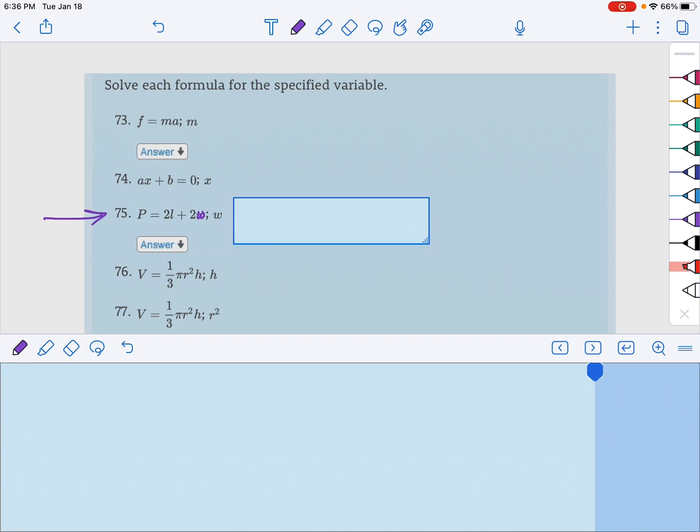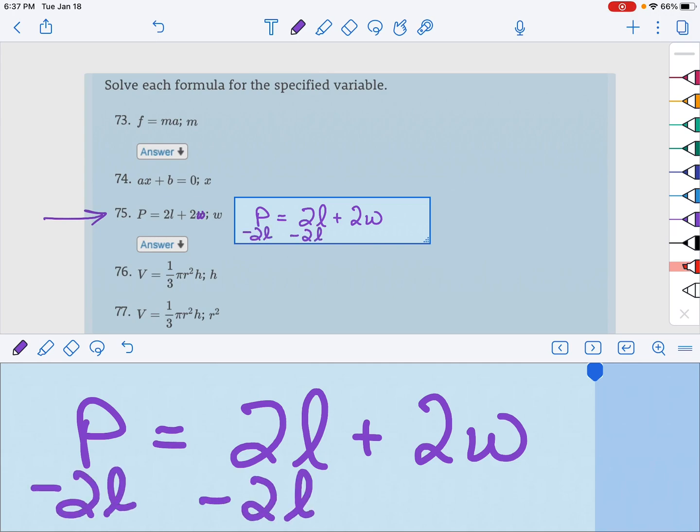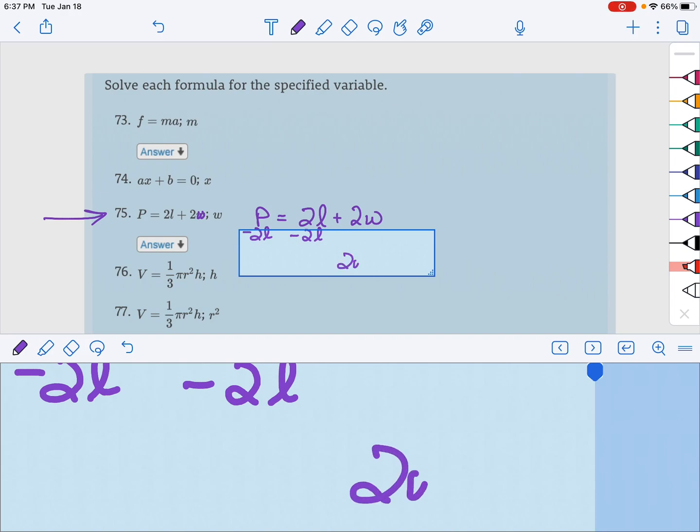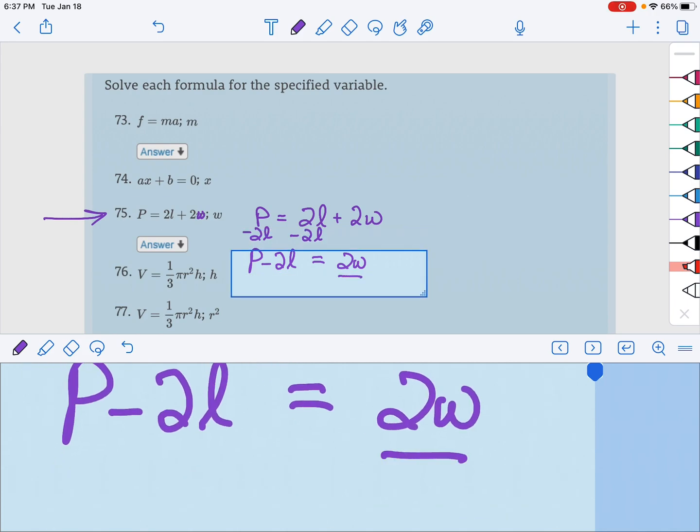Notice that it is 2L plus 2W. I need to first subtract the 2L to move it to the other side, and then I'm going to divide by 2 to get W completely by itself.